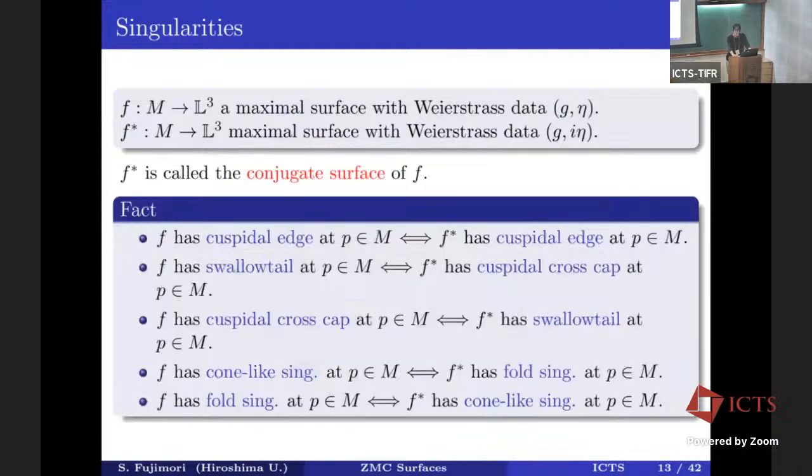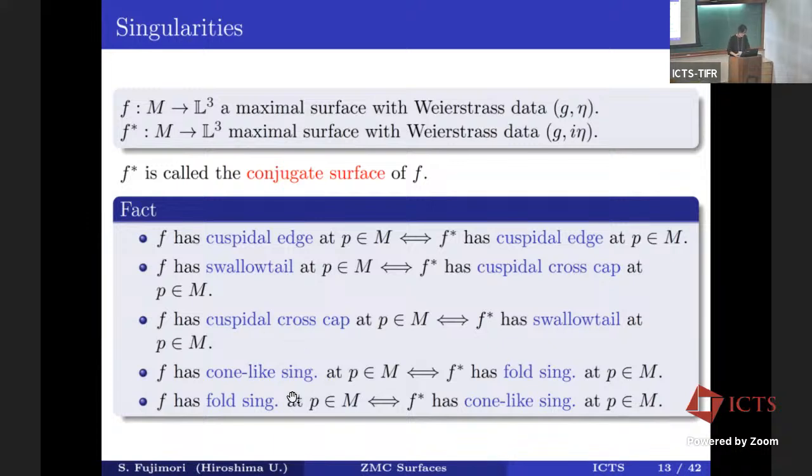Okay. And by applying the criteria for singularities, we see that if F has a cuspidal edge at P, then F star also has a cuspidal edge at P. Okay, so the cuspidal edge is invariant under taking the conjugate surface. But if F has a swallowtail at P, then the conjugate surface has a cuspidal cross cap at the same point. And also if F has a cuspidal cross cap at P, then F star, the conjugate surface, has a swallowtail. Okay, so swallowtail and cuspidal cross cap are dual to each other, conjugate to each other.